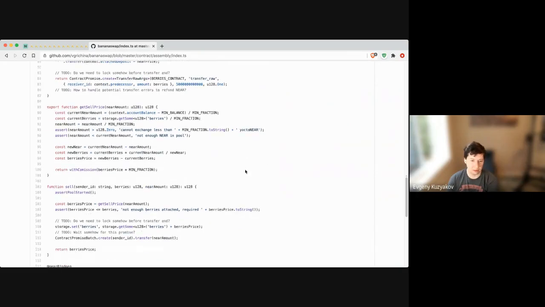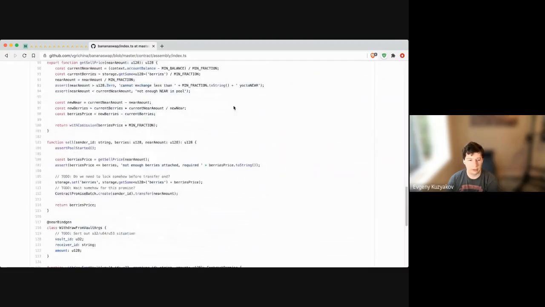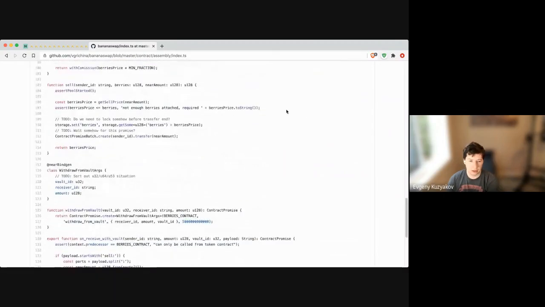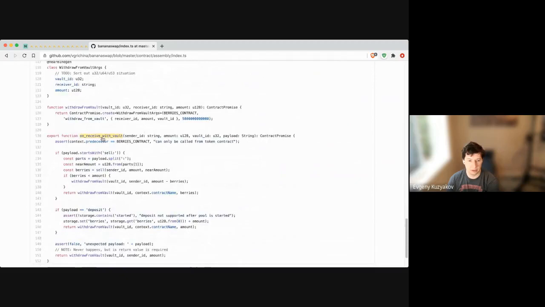Very similarly to buy. The sell order works from the receiving vault. So when you send some bananas using the vault and say how many near tokens you need using an argument, it calls sell, and then it returns a price that you need to pay.